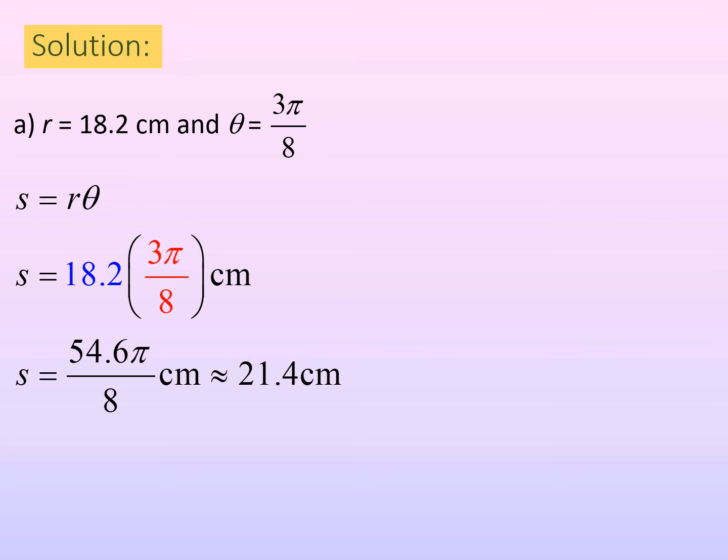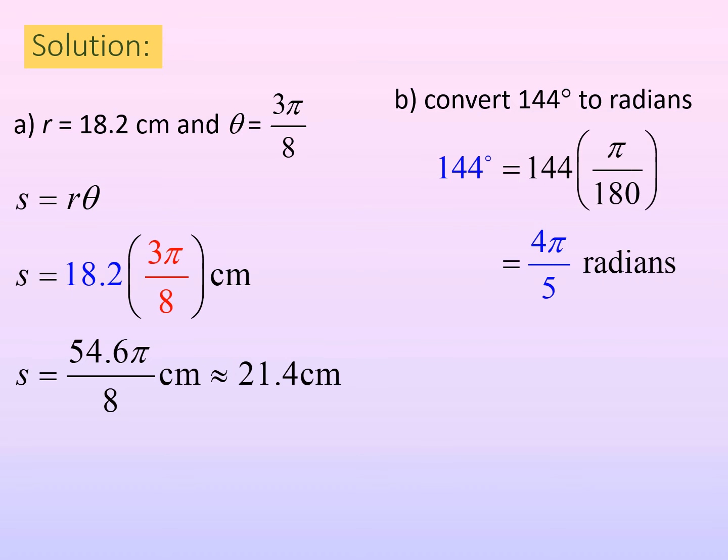Convert 144 degrees to radians. Since 144 degrees is in degree measure, we are going to convert it to radians using the formula 144 times pi over 180. In doing this, we have 4 pi over 5 radians. Then we are going to substitute it in our formula, S is equal to r theta.